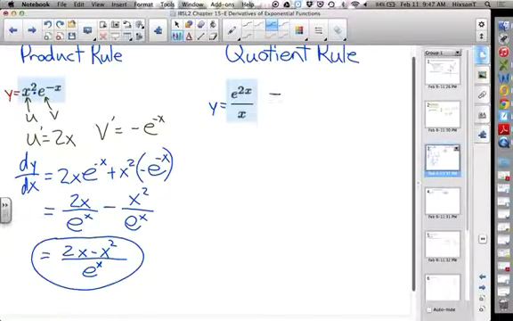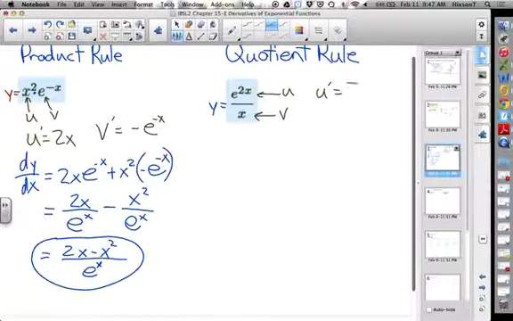Let's try our quotient rule now. We'll use our chain rule for our numerator. So here's u and v again. What would u prime equal? 2e to the 2x.